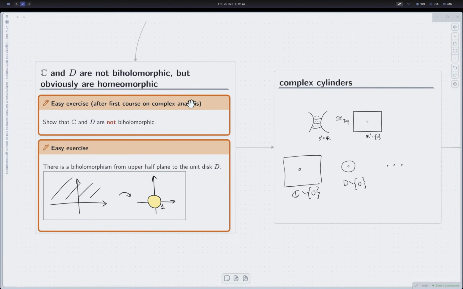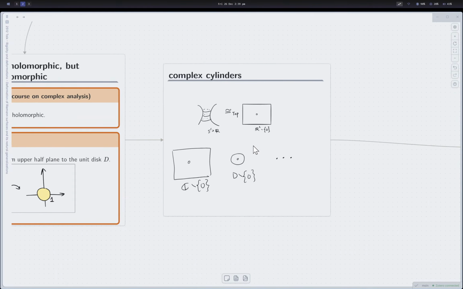There are the complex structure of C and the complex structure of the upper half plane, and we can show, and this is the non-trivial theorem called uniformization of non-compact Riemann surfaces, that these two are the only simply connected non-compact Riemann surfaces. But ignoring that, let's go to complex cylinders.